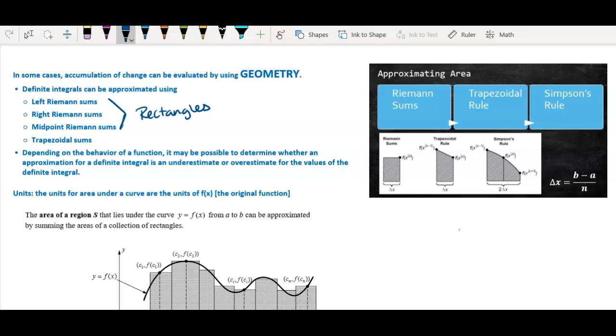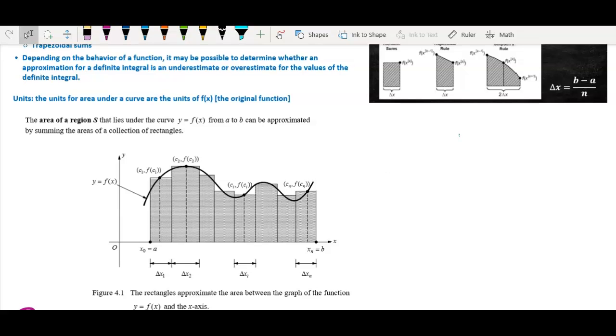for midpoint, because a midpoint Riemann sum, well, here's a graph of one here. The height is being calculated at the midpoint of each of these intervals, where we have some area over and some under, so it's not easy to determine whether it's an over or under approximation.